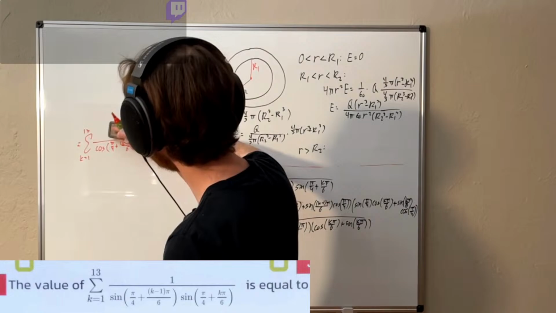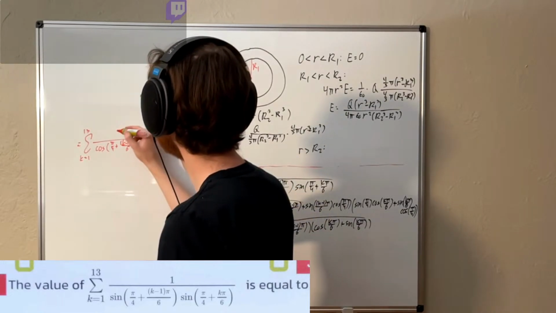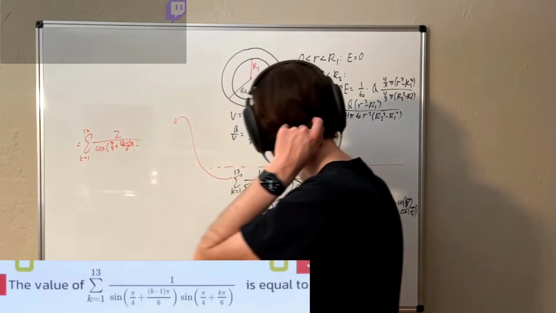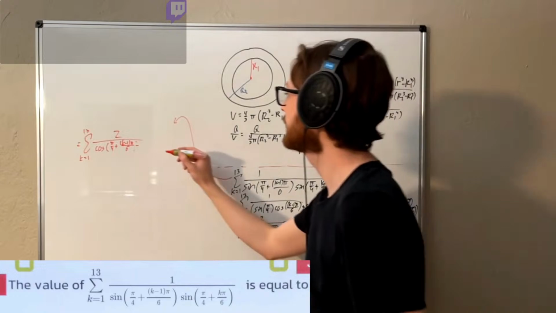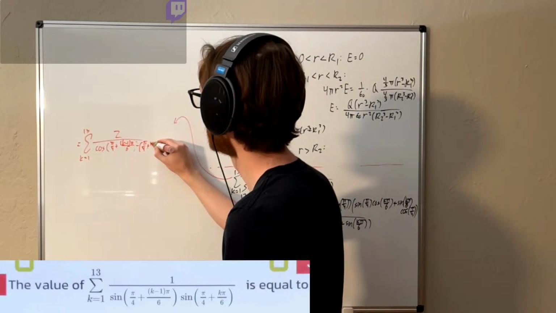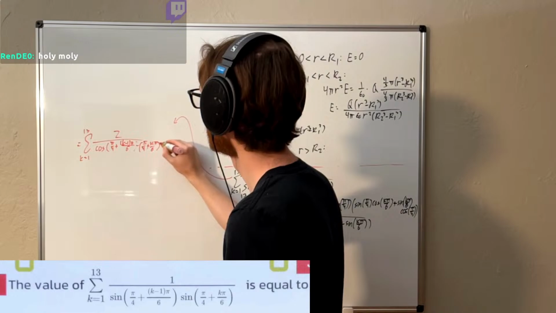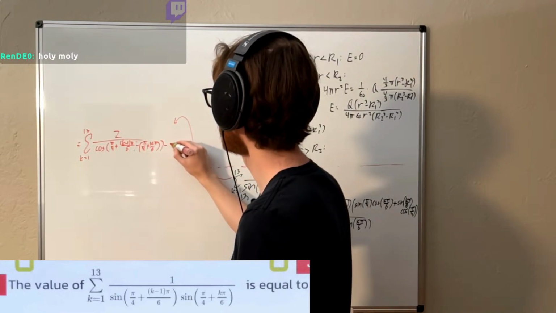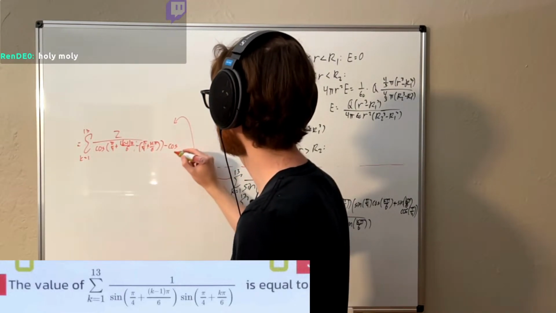It's a 2 on top, by the way. Minus that thing. Minus cosine of these 2 things added.